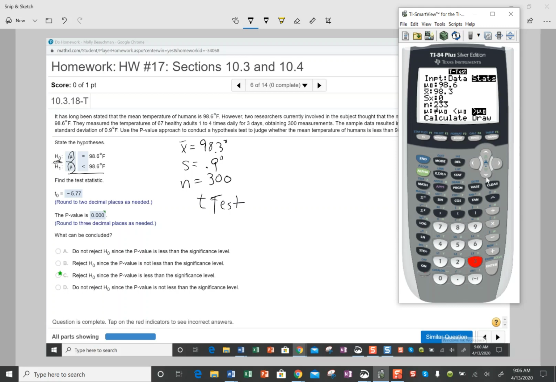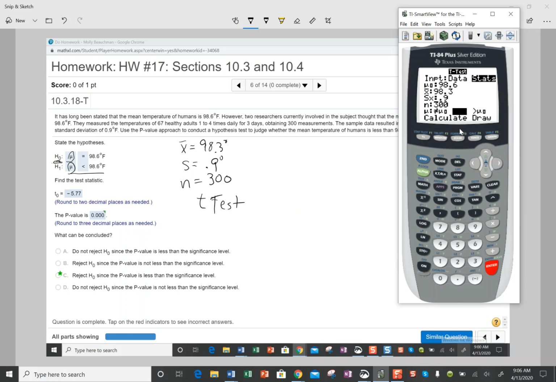Our sample standard deviation was given as 0.9. And our sample size is 300. And we want to test and see if the mean temperature is lower. So we pick less than.